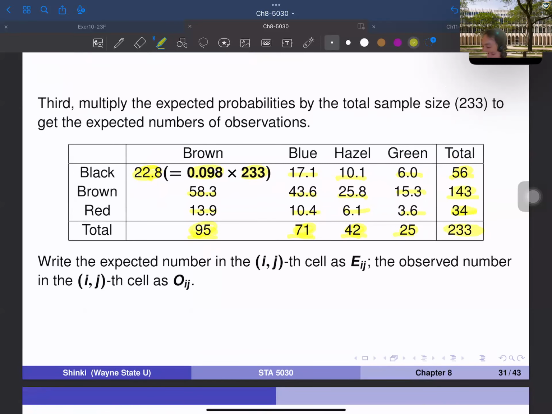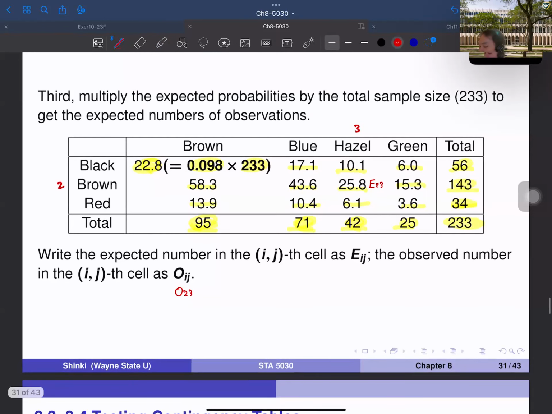Yeah, and these numbers, we call these numbers E_ij. So for example, this is the second row and this is the third column, so this one is E23. And we call the actual number O_ij, so O23.